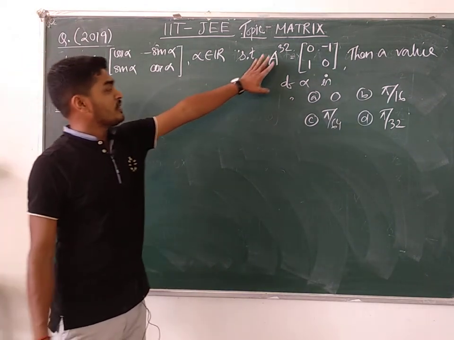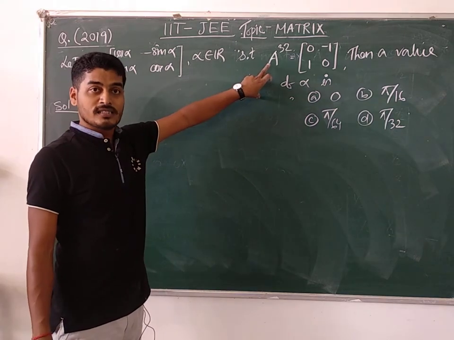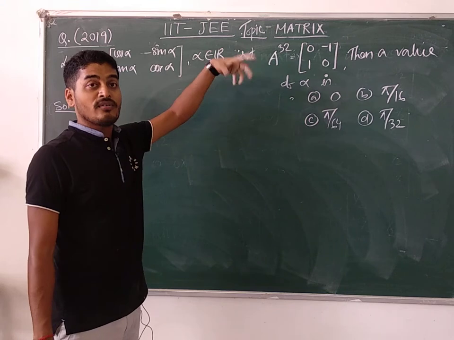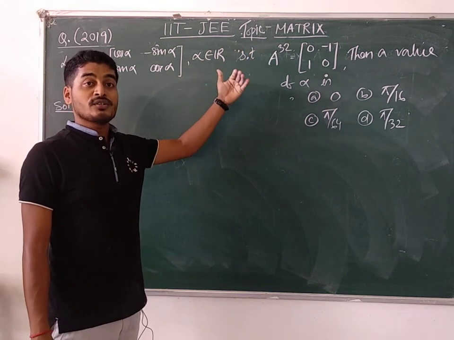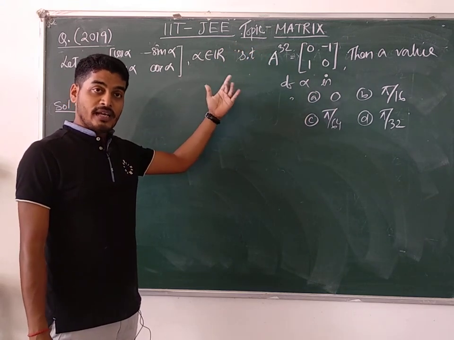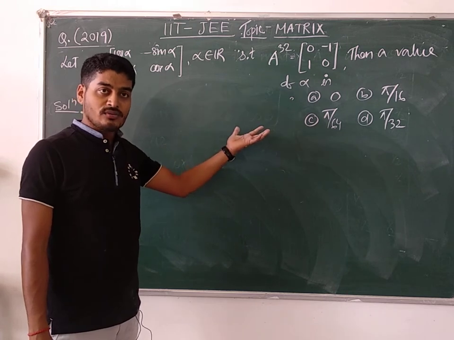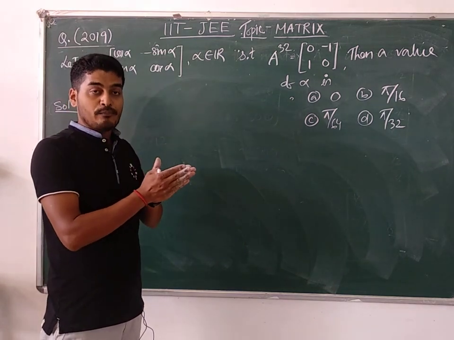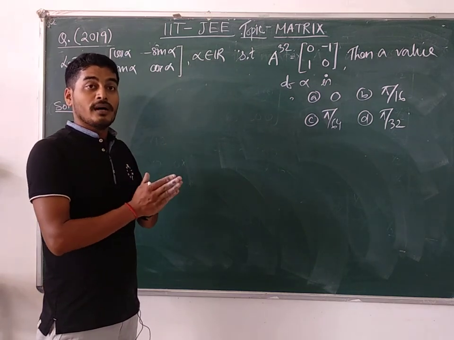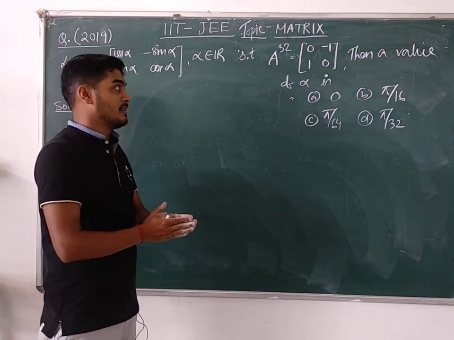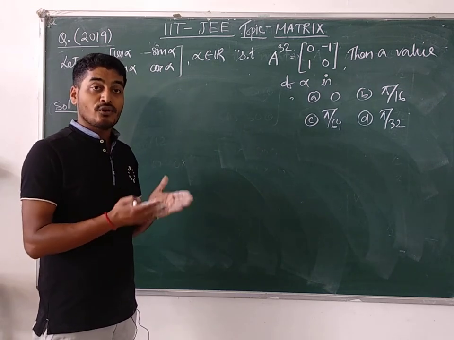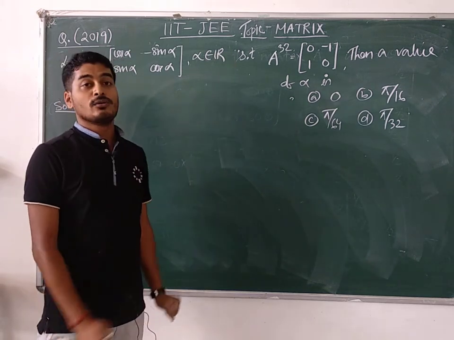So how can we proceed to find the answer of this question? A to the power 32 is given. Always remember, whenever a matrix is given and A to the power 32, A to the power 500 or something is given, always try to find the value of A square, A cube, minimum 2 or 3 values. Then obviously the matrix A square, maybe A cube, will convert to an identity matrix, and from there you can easily find it, or it will convert to a specific pattern from where you can generalize the value of A to the power 32.